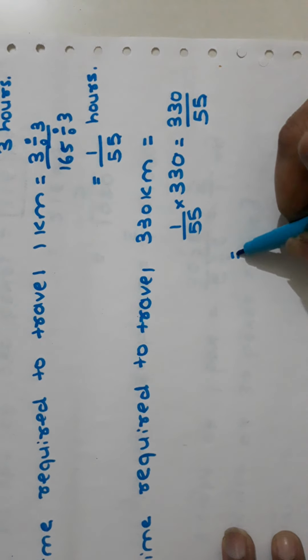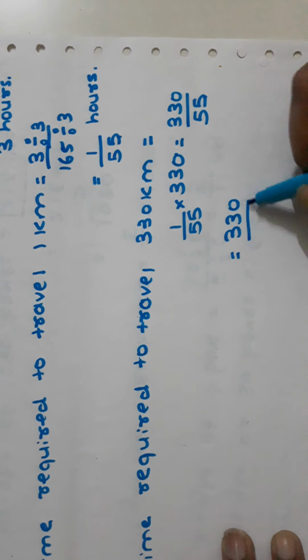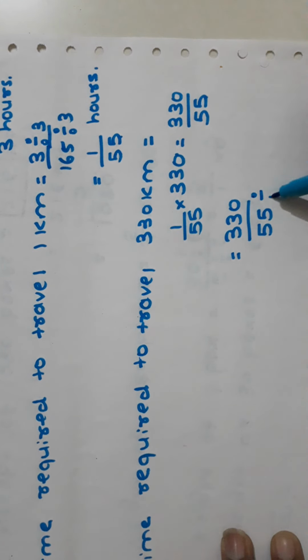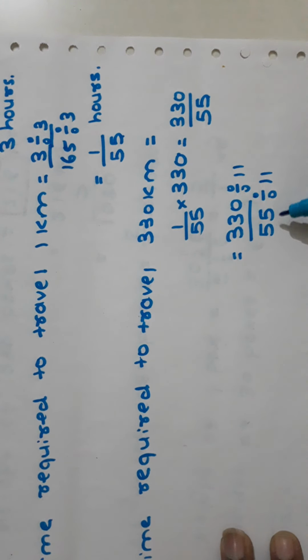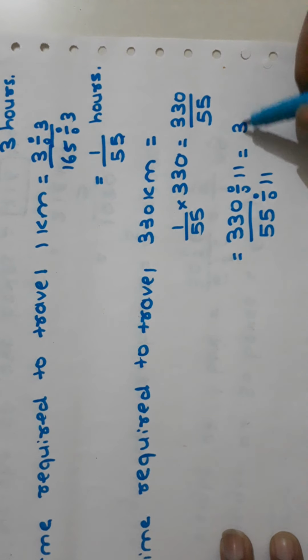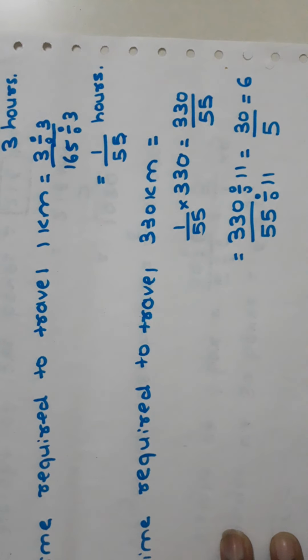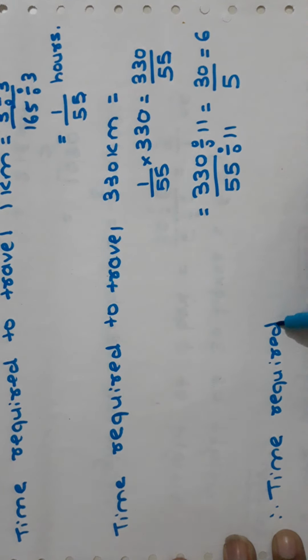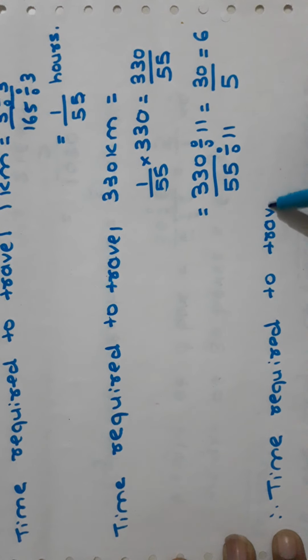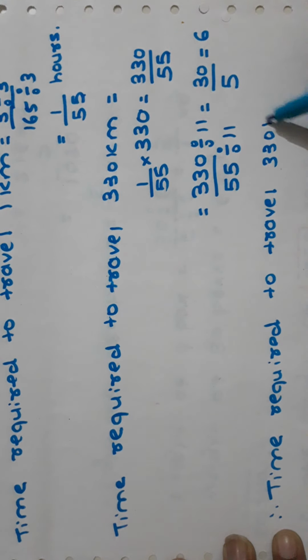Now both are divisible by 11. 11 5s is 55 and 11 30s is 330. 30 upon 5, and 30 divided by 5 is 6. So therefore time required to travel 330 kilometers is equal to 6 hours.